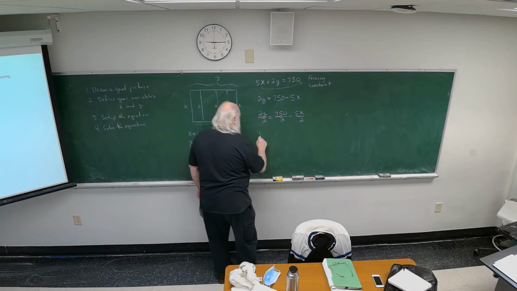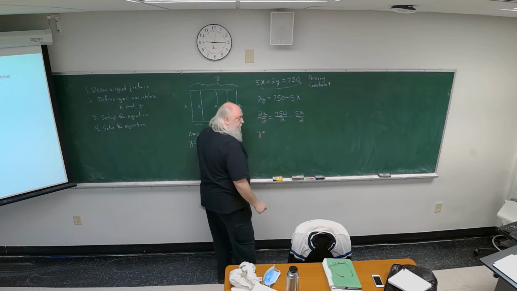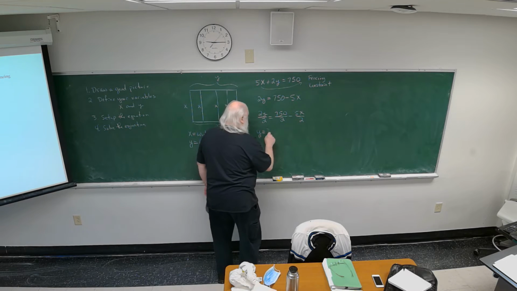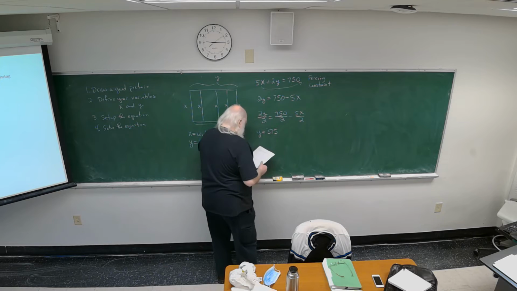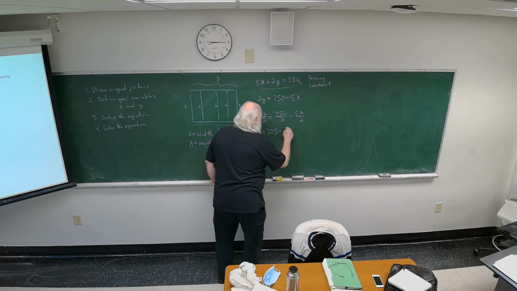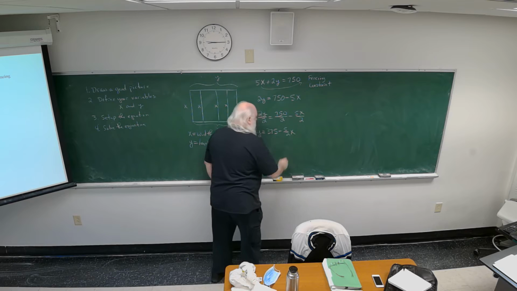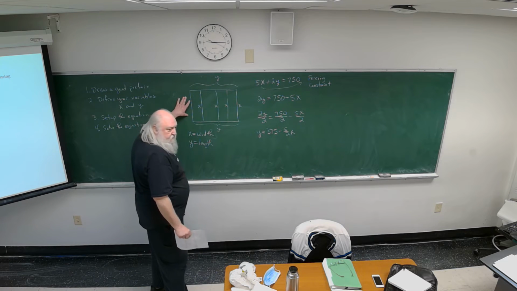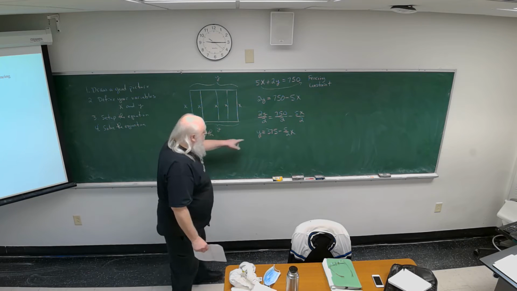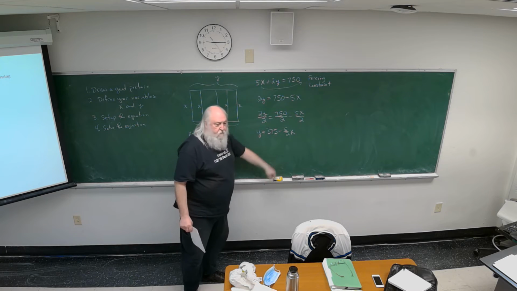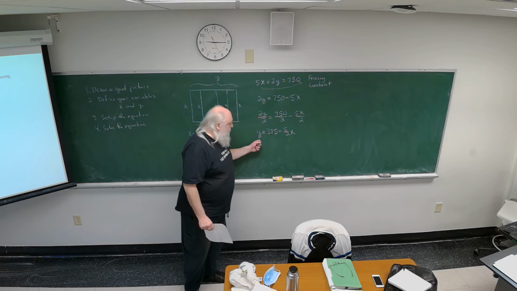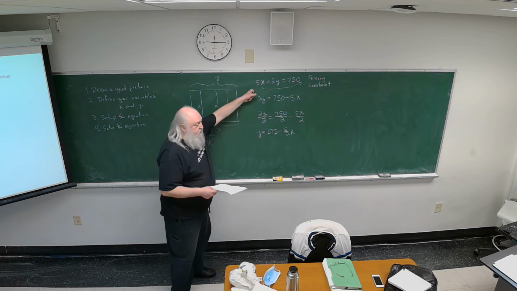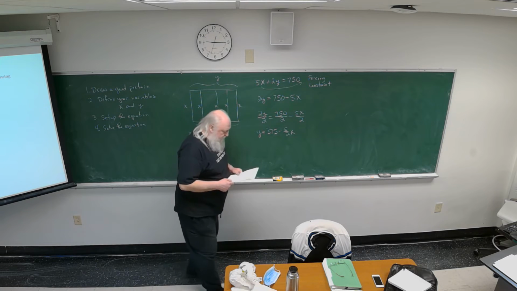And I get Y, the length of the rectangular piece of land. Y is equal to 375 minus 5 halves x. So whatever the width of the rectangular piece of land is, the length has to equal this. Whatever the value of x is, this is how we get the length of y, and meet this fencing constraint of 750 feet.